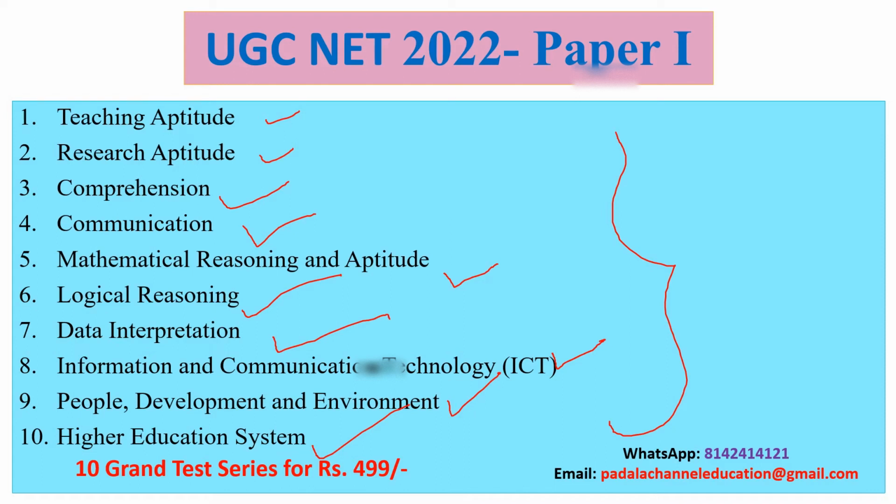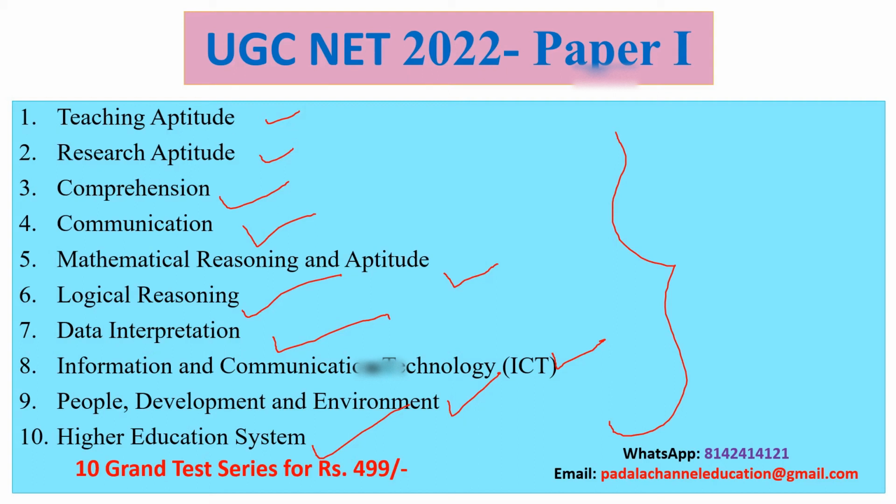In logical reasoning, you can have questions like connotations, denotations, classical square of opposition, analogies, Venn diagrams, and various Indian logics. Then is data interpretation. You will be given data like a bar chart, pie chart, histogram, line chart, and you have to interpret it by answering those questions.